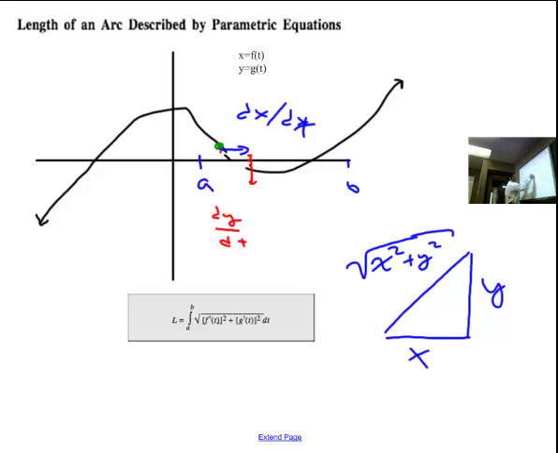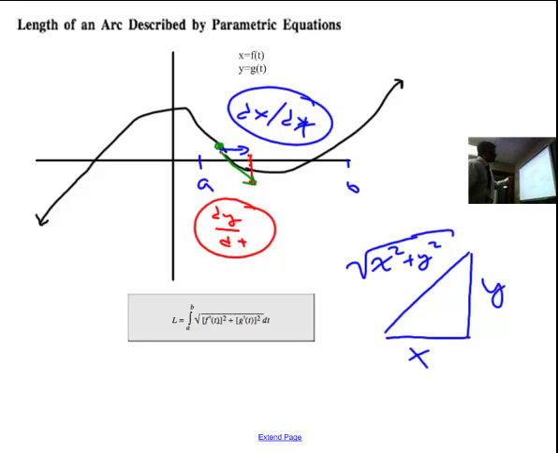Let me put the graph back together. So what we're going to do is add up dx dt and dy dt. When we add those vectors, what is that green length doing a very good job of approximating? Well, that's approximating the arc length of the curve.